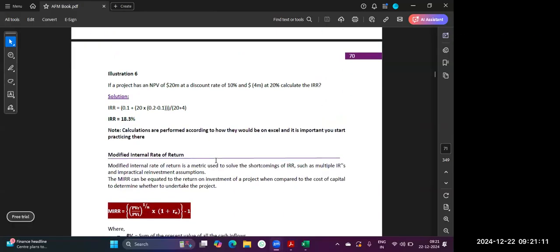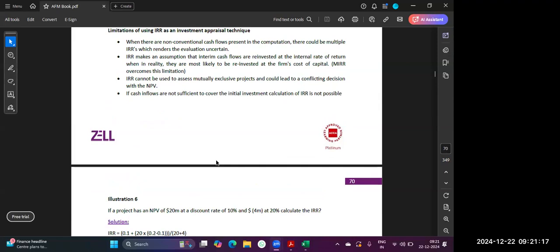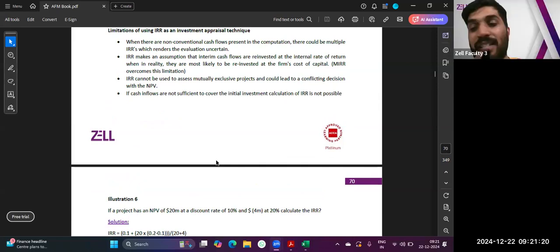So non-conventional cash flows means irregular cash flows. Year one, you make a profit. Year two, you make a loss. Year three, you make a loss. Year four, again, you make a profit. It may be majorly applicable for seasonal businesses.